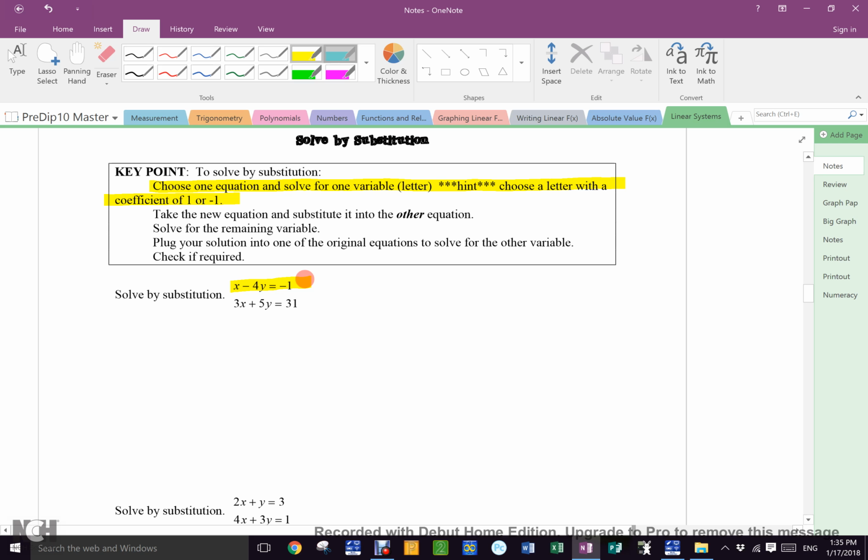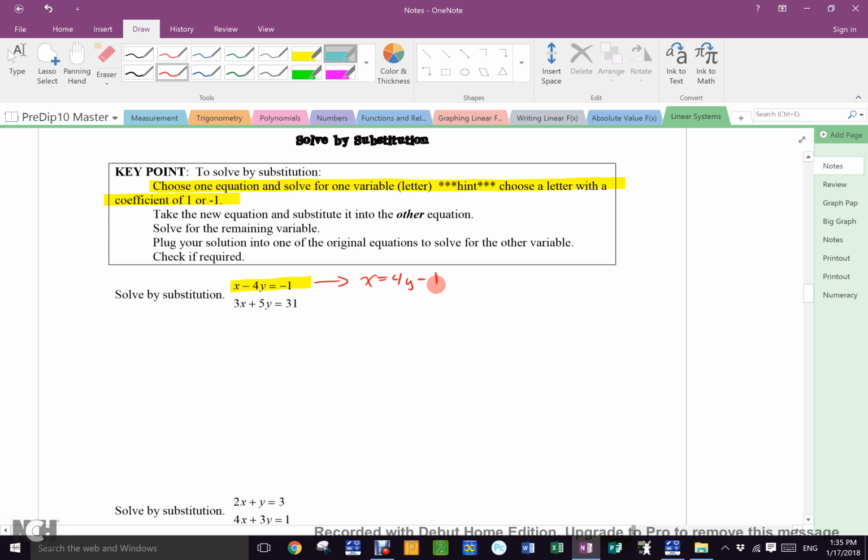So I've chosen the equation I wish to work with because he's got a coefficient of 1. And now we're going to solve for that variable. The variable that has a 1. Which is it? It's x, right? So if I'm going to solve for x, then x equals 4y minus 1. Does everybody follow me?